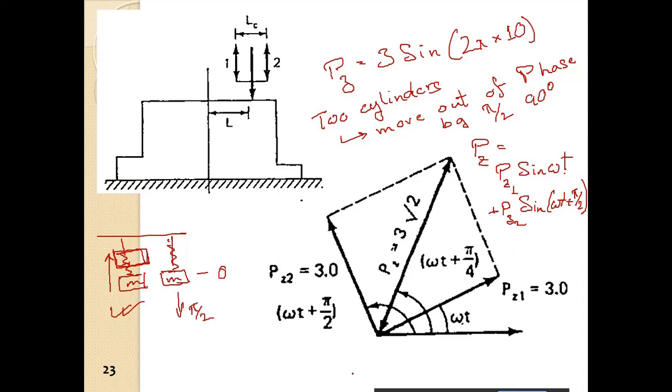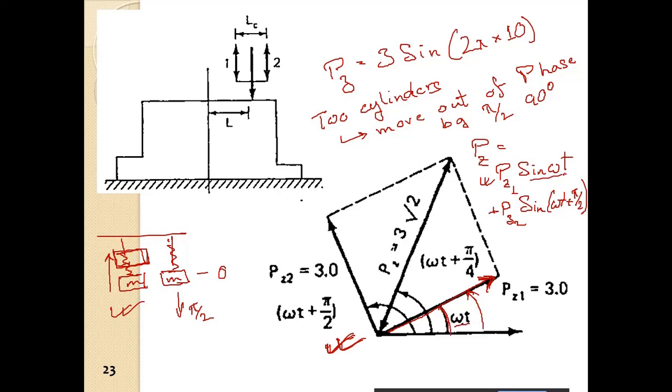So this is the phase diagram. So we have force 1. Some time has passed, so do not worry about this one. That is why this omega t is there.